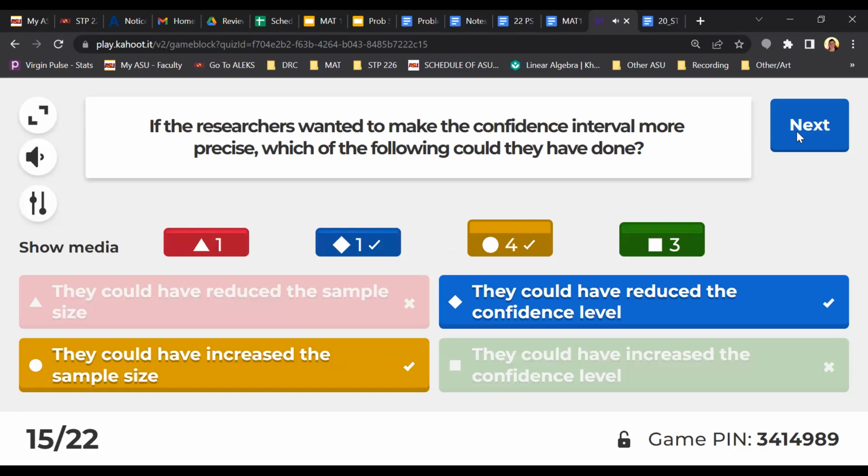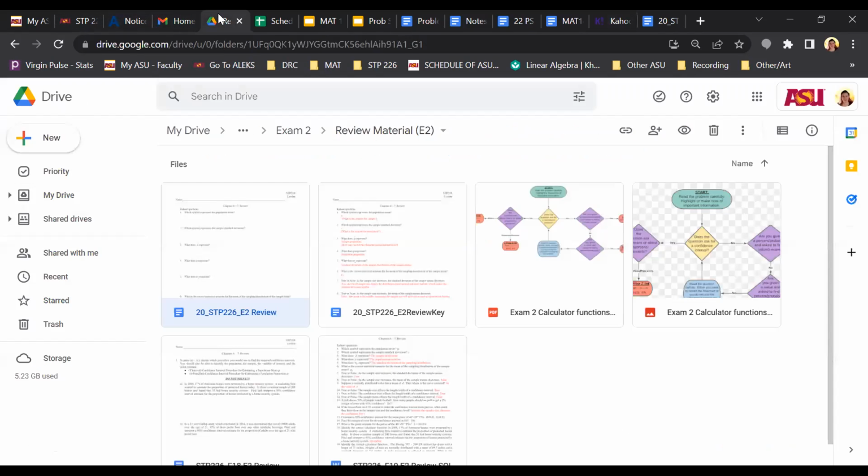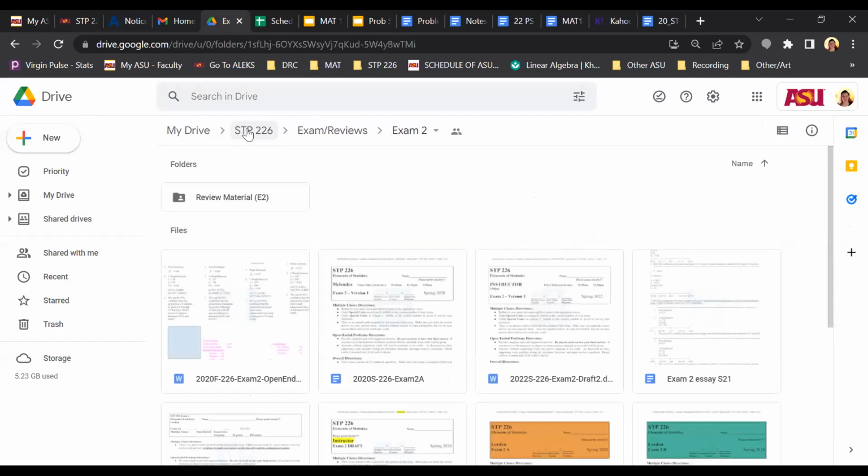So if you said yellow or blue, you were correct. So let me go back to that slide. We talked about this in the last chapter.